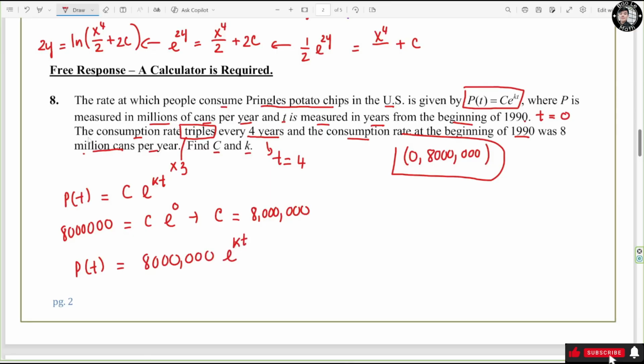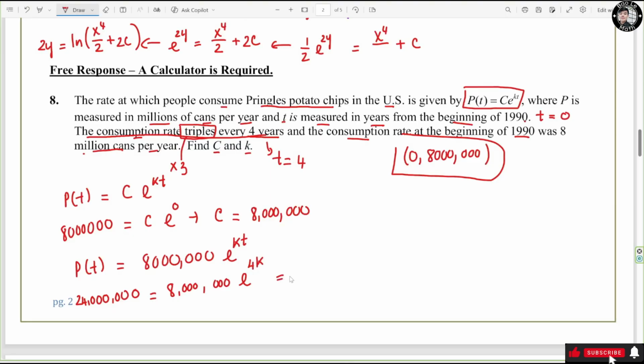Now we're going to use the second piece of information. The consumption rate triples every 4 years. It tells us that P of t equals this guy multiplied by 3, so you have 24 million equals 8 million times e to the 4k, because t equals 4.